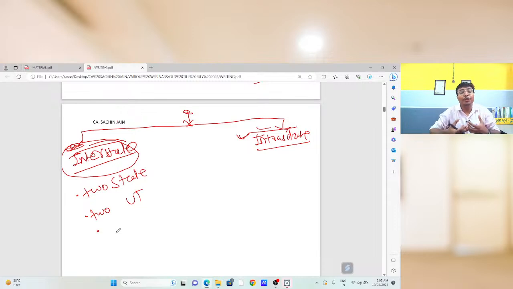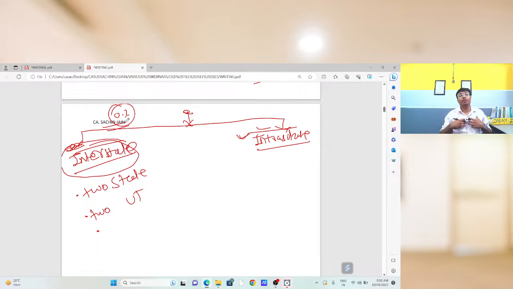Also, when I make my supply to any SEZ unit or SEZ developer, the basic term of SEZ unit or SEZ developer we had already covered. When I make the supply to a special economic zone unit, that supply is also treated as interstate supply and IGST should be charged, but the GST rate will be 0% in the case of special economic zone.